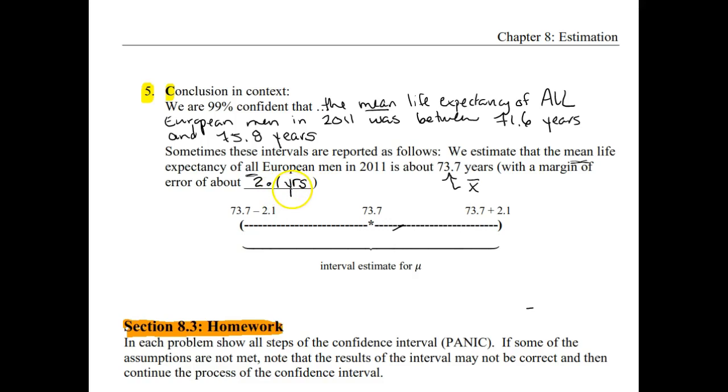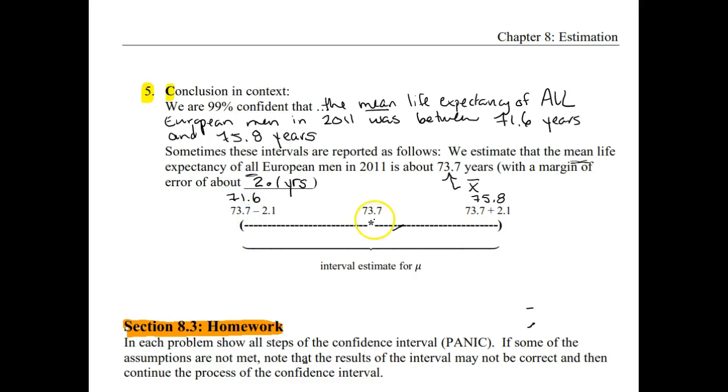So again, where did that 2.1 come from? Okay, so again, our central point here at 73.7, and the endpoints of our interval, the upper endpoint was 75.8. So if we take 75.8 minus 73.7, we get 2.1. And this lower endpoint needs to be 71.6.